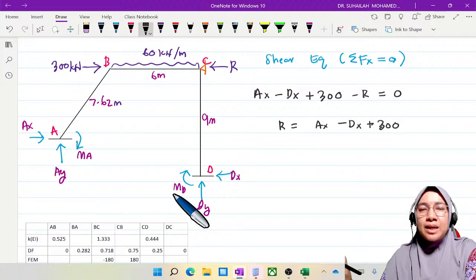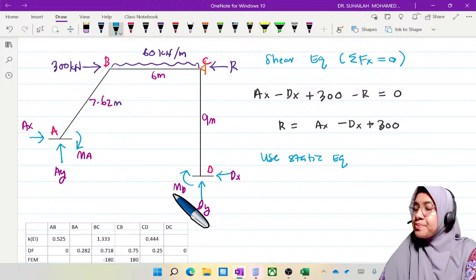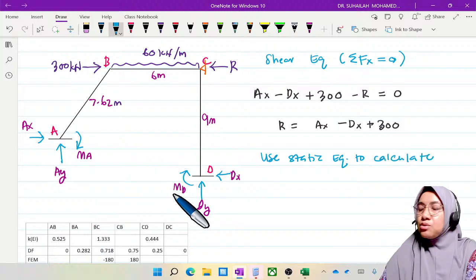There are two unknowns here, Ax and Dx. So we have to use static equilibrium to calculate Ax and Dx.